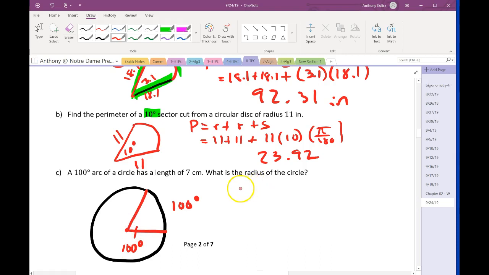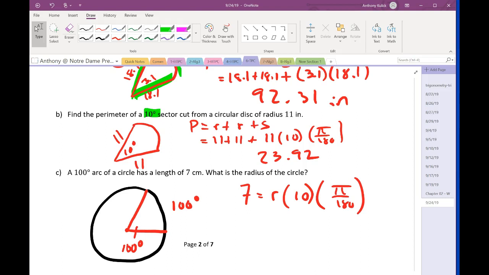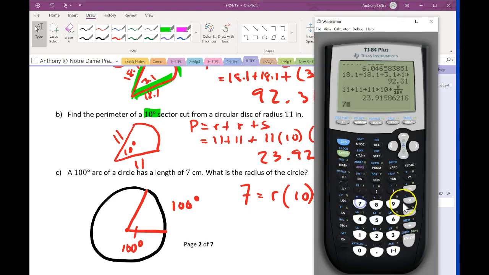So I can then say that the arc length, 7, should equal the radius times that central angle, and since we're in degrees, we have to also multiply by pi over 180. I can just use the arc length formula for degrees, so I just need to divide both sides by 10 times pi over 180.